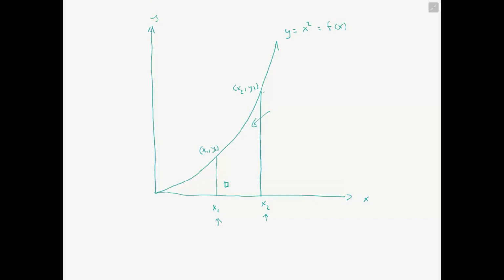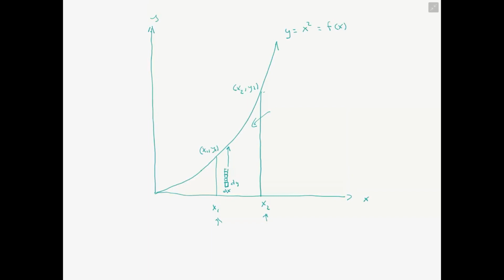Well, we could take a look at tiny areas, differential areas, and we could say that they're infinitesimally small, dx and dy, and that we're adding or summing these up all the way to the curve, between the curve and the axis.